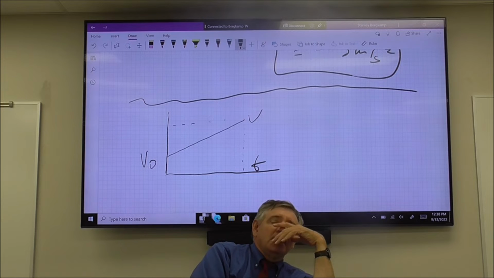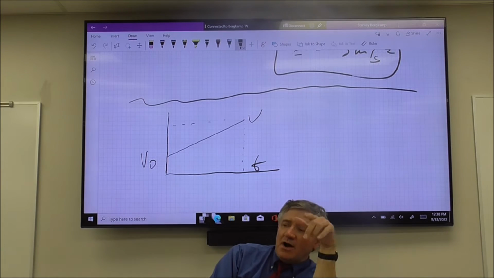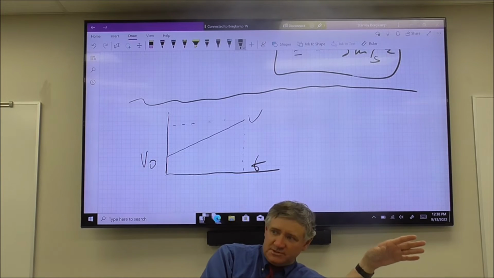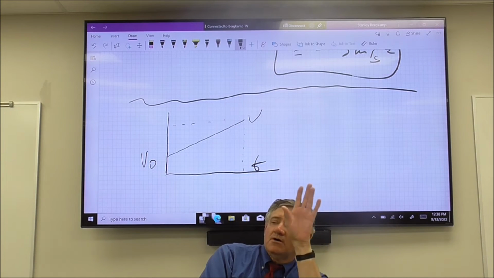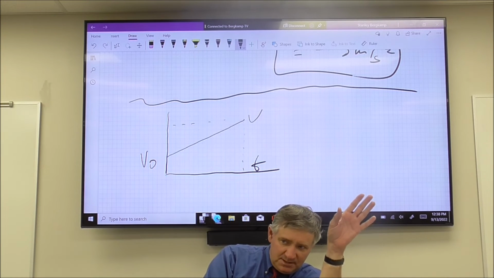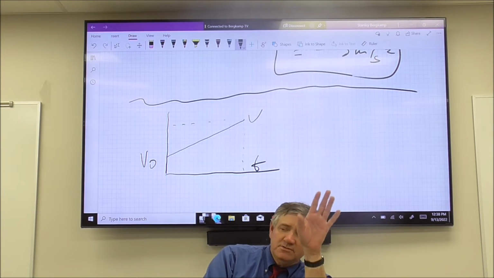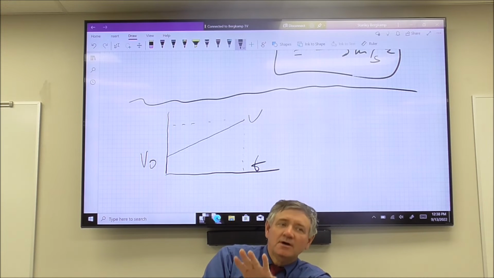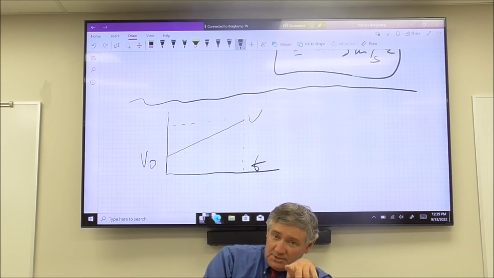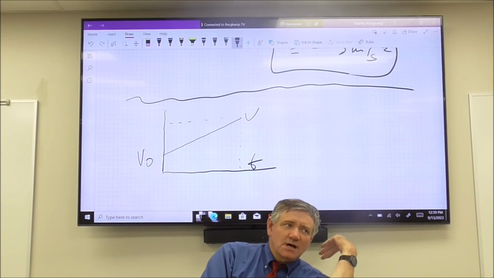And what I want to do is figure out how far this thing is going to go during this accelerated motion. So, how does that play out if you want to find a displacement? How can you use a velocity time graph to find the displacement? Area. Okay?